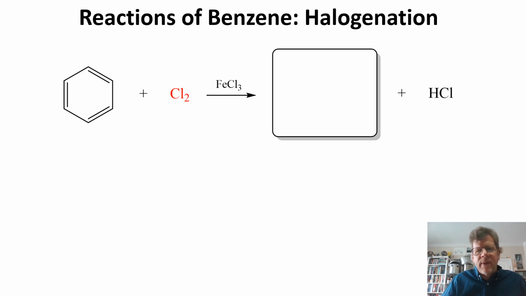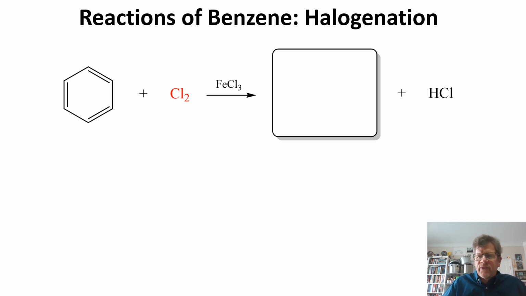So that's all good information. And then we are asked to put what's in that box, but we're also cognizant that we have this HCl side product here. All of these point to a particular reaction. And with some practice, it would point you to the halogenation of benzene.